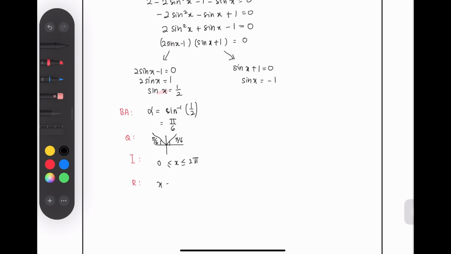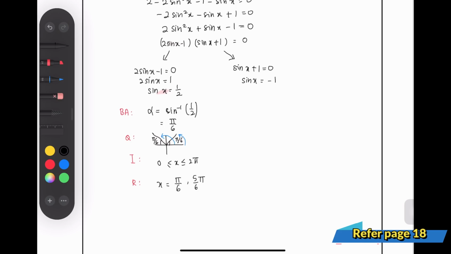So x equals to, the first rotation is pi over 6. Like this. And the second one is basically pi minus pi over 6. And the answer is 5 over 6 pi.